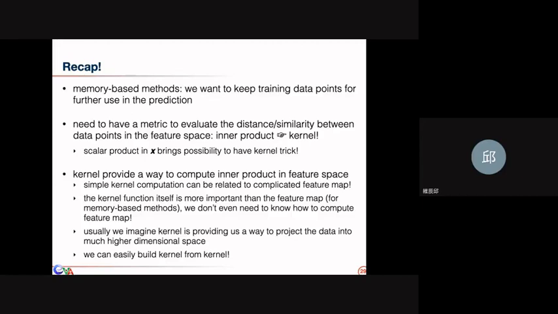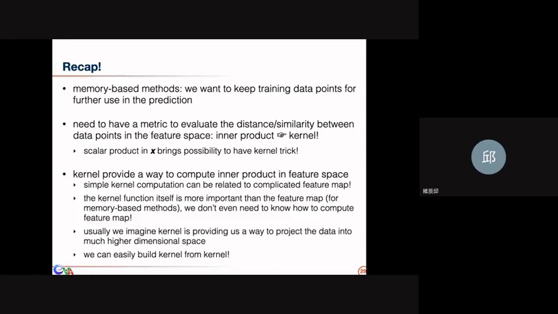For the memory-based methods, the kernel function itself is more important than the feature map. Sometimes you don't even need to know how to compute the feature map. Once I know how to compute a kernel function, it's already good to go.